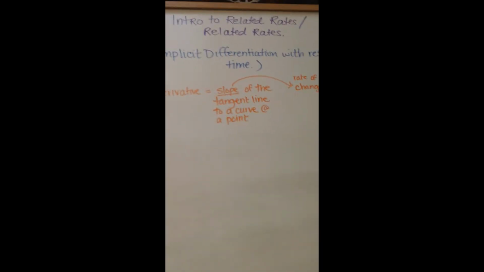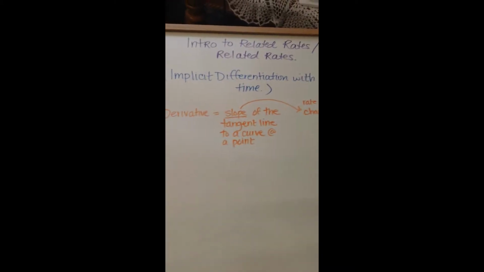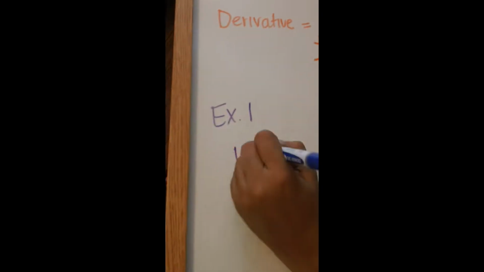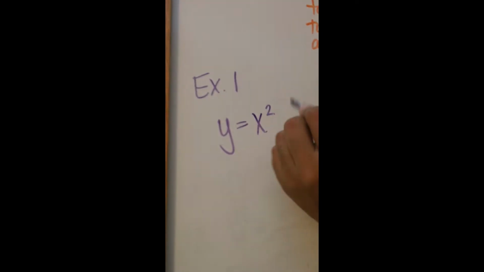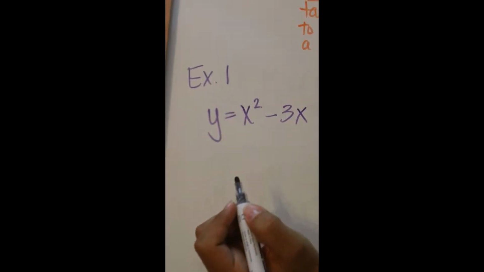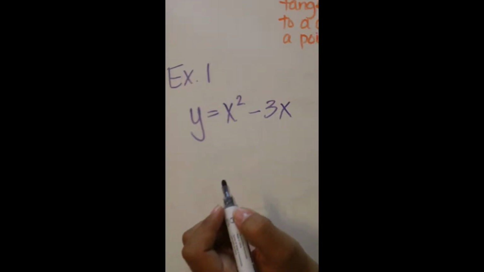So let's go through example 1, which says, suppose that x and y are both differentiable functions of t and are related by the equation y equals x squared minus 3x. They want you to find dy/dt when x is 3, given that dx/dt equals 2 when x equals 3.